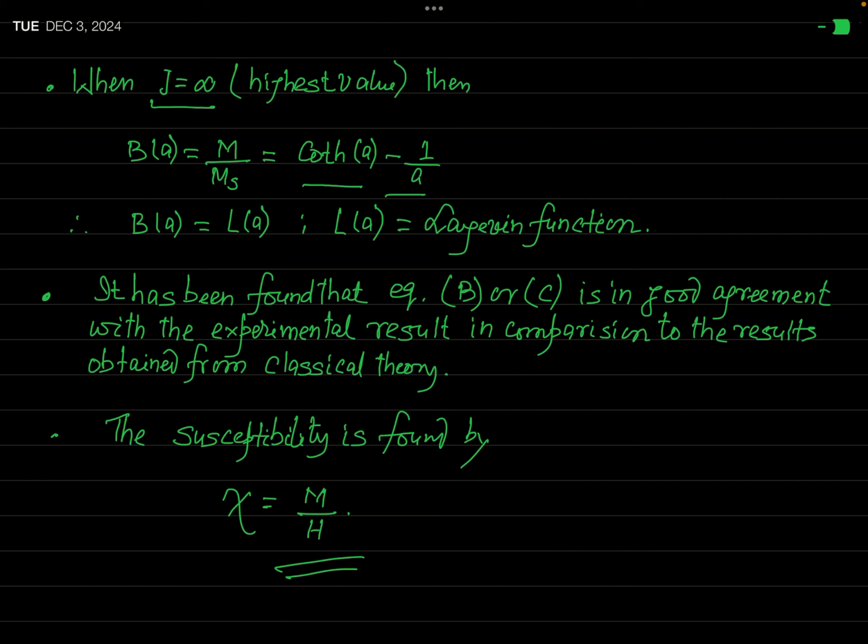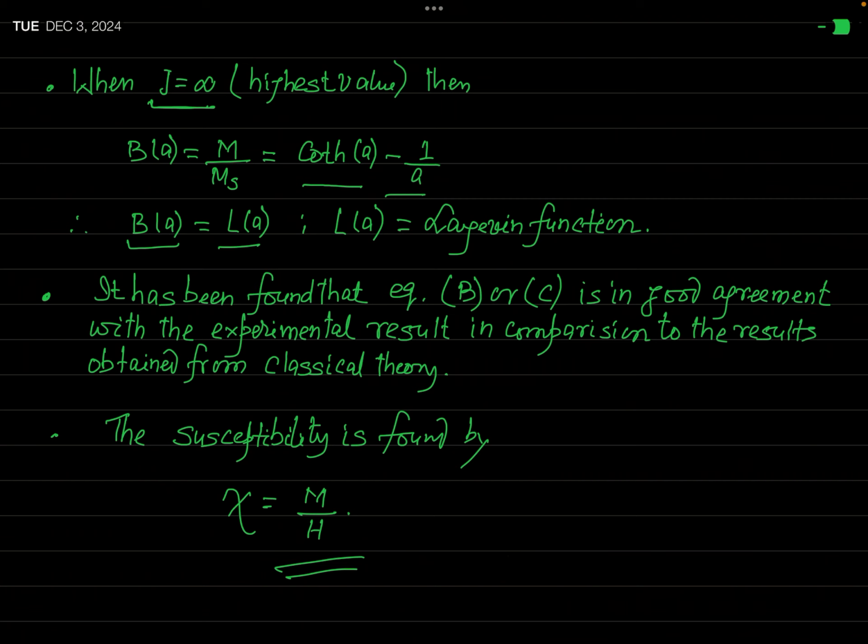Definitely you can remember. This coth A minus 1 over A is simply the Langevin function. So when J is maximum, that is J is infinity, then this Brillouin function is just identical to the Langevin function. This is a very remarkable fact. In general, the Brillouin function is different from the Langevin function, but when J is equal to infinity, then the Brillouin function is equal to the Langevin function.